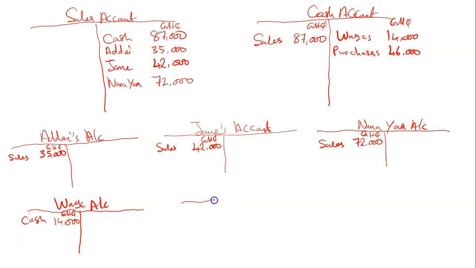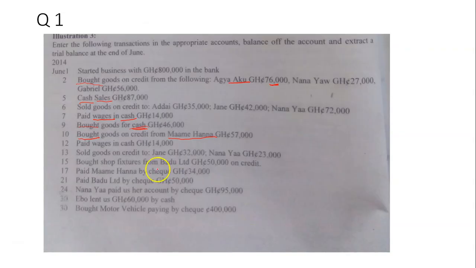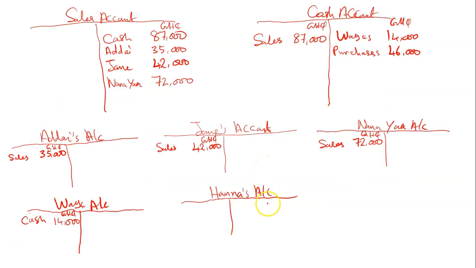So let's create Hannah's account. Now, you are buying goods on credit from Hannah. So it means Hannah's account is what? Increasing. They said bought goods on credit from Hannah 57,000. So her account is what? Increasing by 57,000 in the name of purchases.